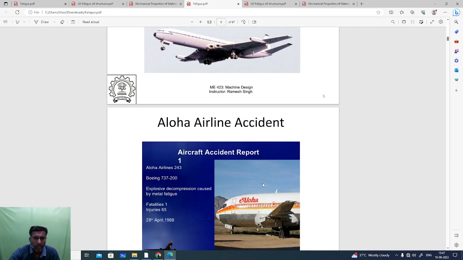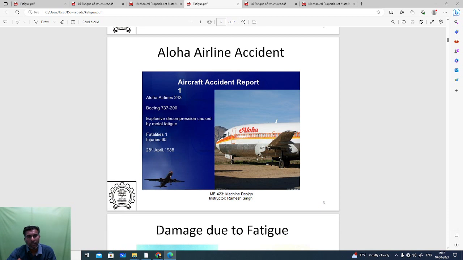Next one. Here are the surveys of failures due to fatigue. That is the aircraft surveys. Aloha Airlines Boeing 737-200 accident report: the explosive decompression was caused by metal fatigue. The fatality was one and the injuries were 65.